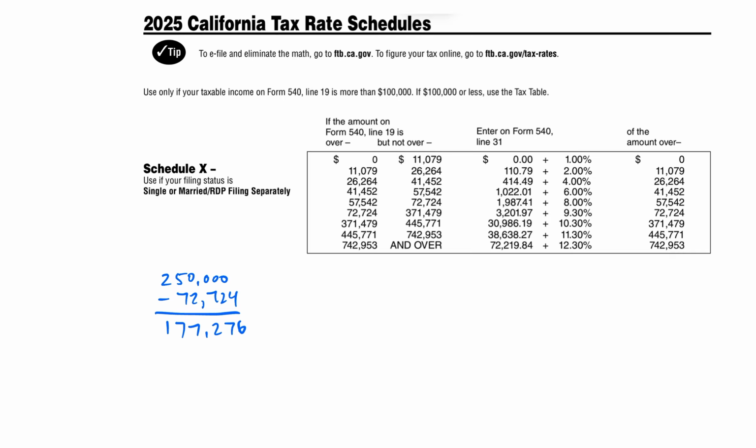So we're going to multiply that by 0.093, and that gives us $16,486.67.